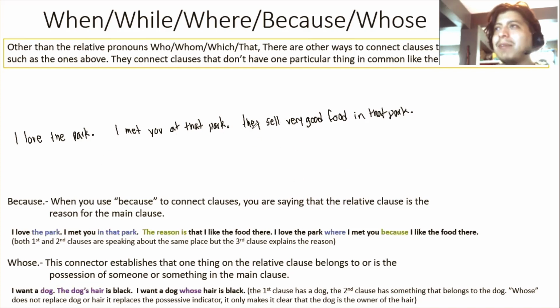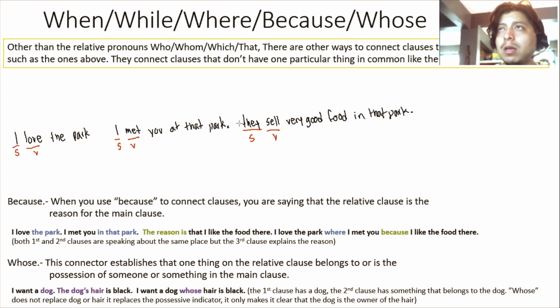So I have three different simple sentences. This has a subject and a verb, this has a subject and a verb, this has a subject and a verb. If you want to connect them, you need a reason. You cannot use relative pronouns because you don't have anything in common.